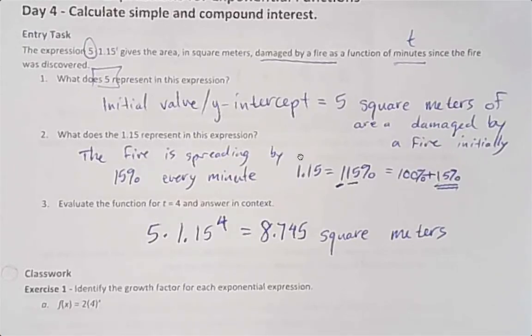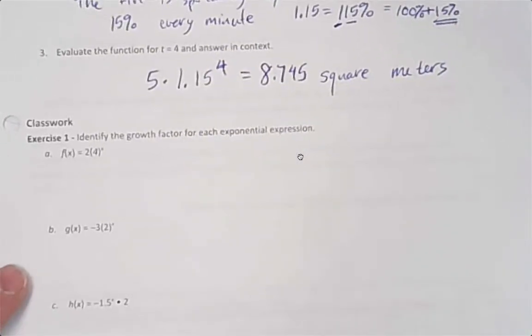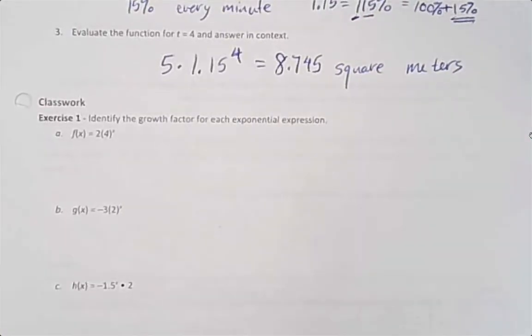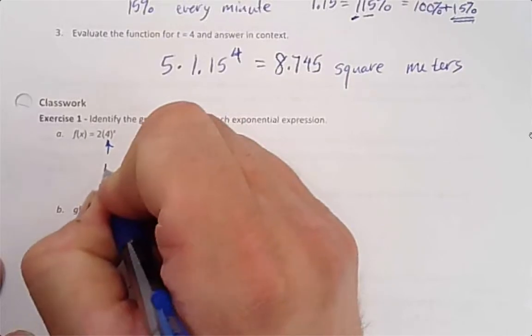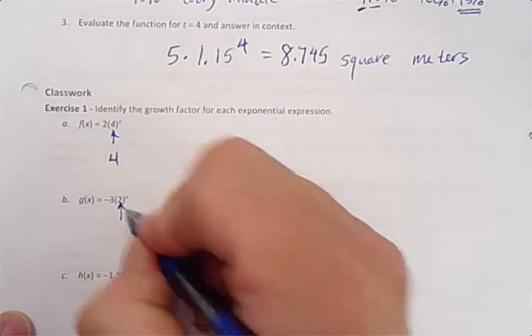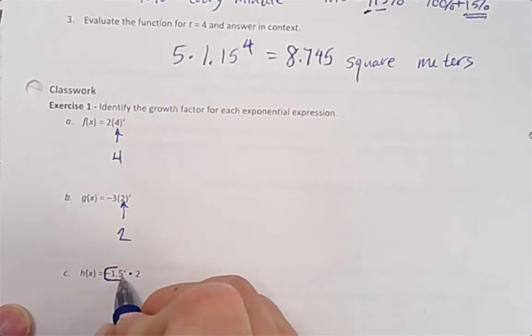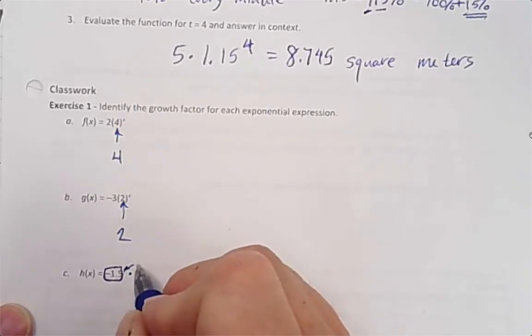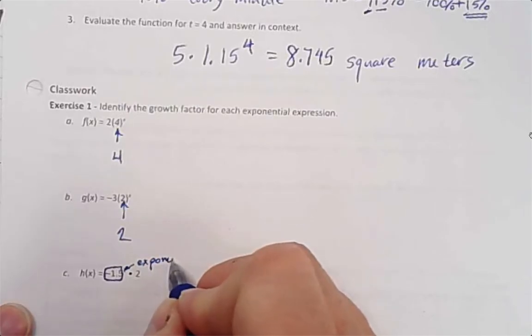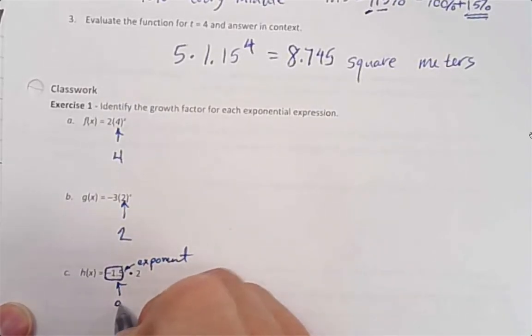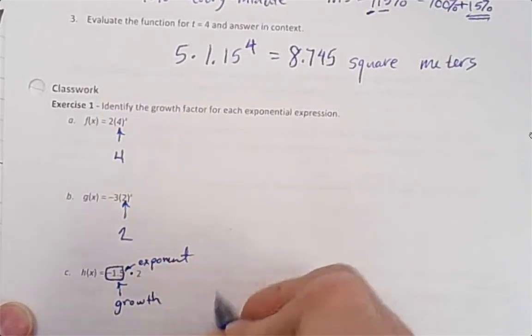We're in the section of the module where we're talking about the information in context. Identify the growth factor for each exponential expression. The growth factor is the thing in the parentheses, the number that's being modified by the exponent.